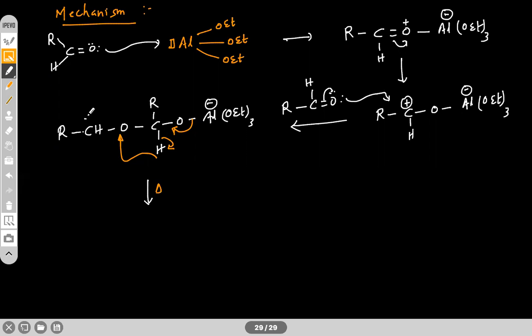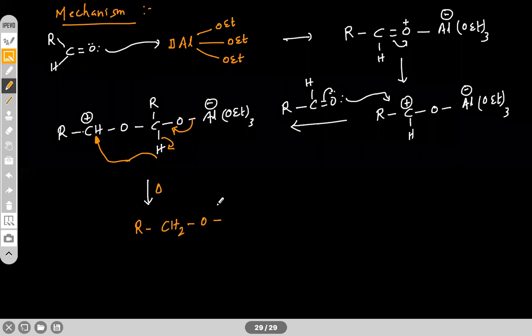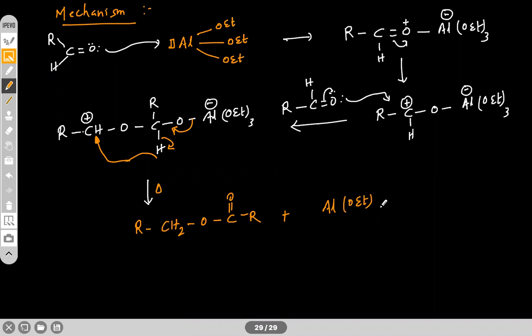So we'll have a positive charge here onto this carbon atom. Okay. And this hydrogen attacks on the positively charged carbon here. So it converts into RCH2 O C double bond O R, and Al(OEt) whole thrice goes out. This is the ester we have.